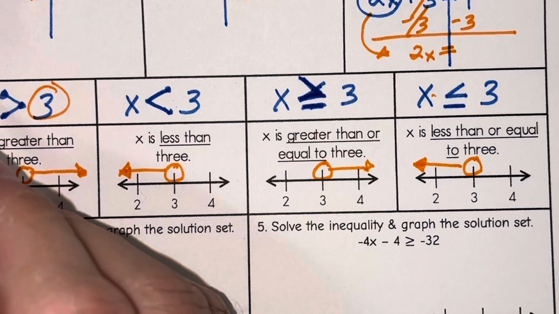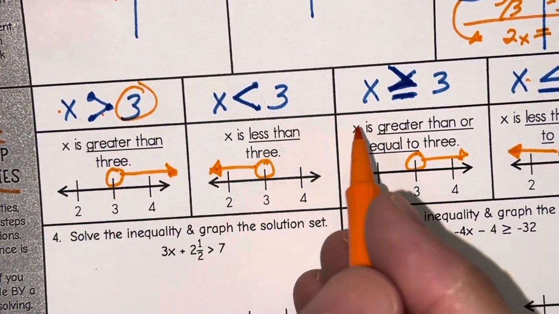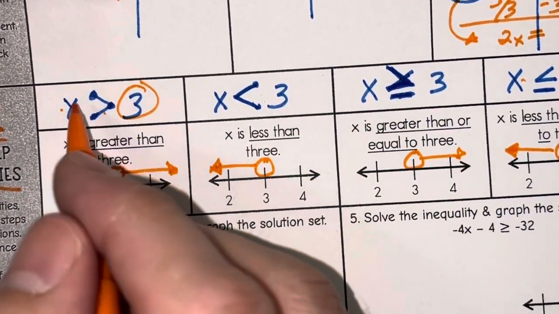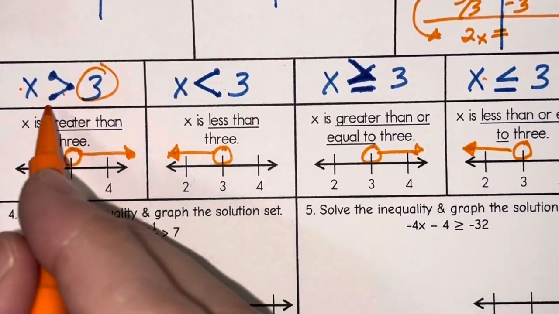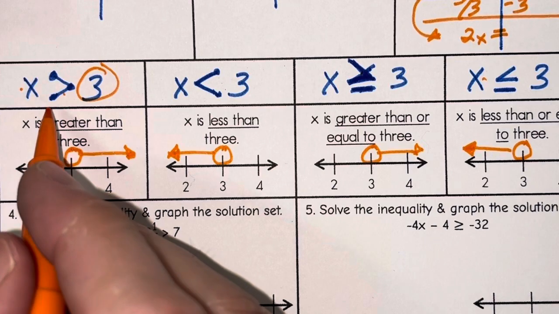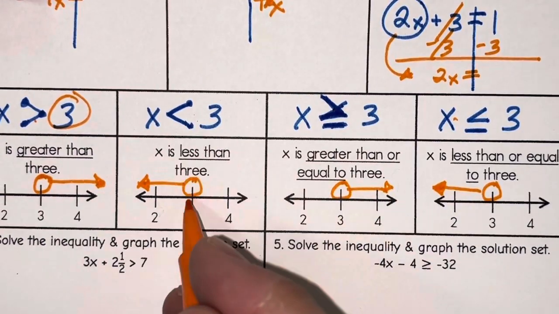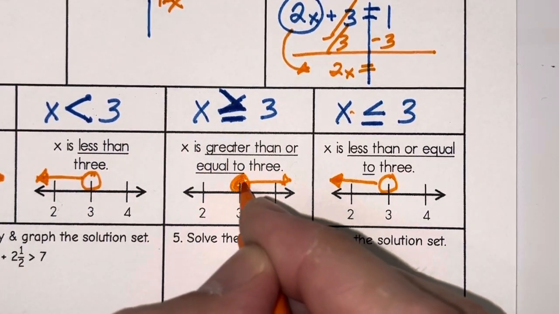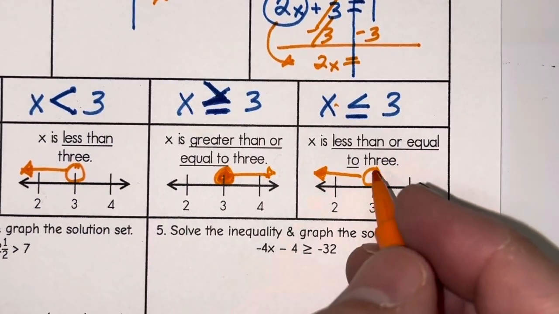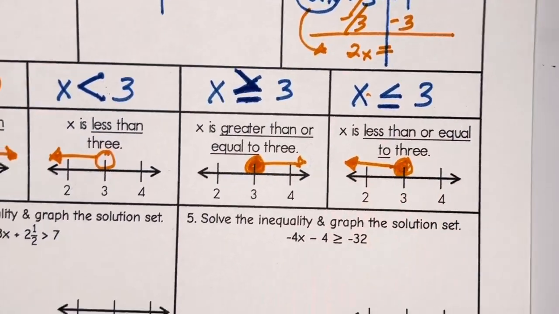Okay, so as long as it's variable sign number, variable sign number, variable sign number, then we're going to graph it pretty much as it looks. So now this one is not equal to, so it's not shaded. There's no shade. It's not equal to, not shaded. And this is equal to, so it is shaded or included. And this is equal to, so it's shaded or included.